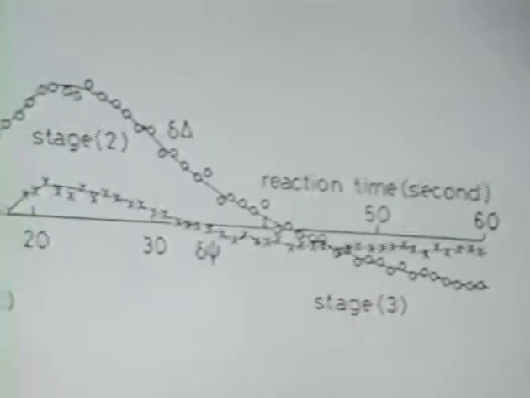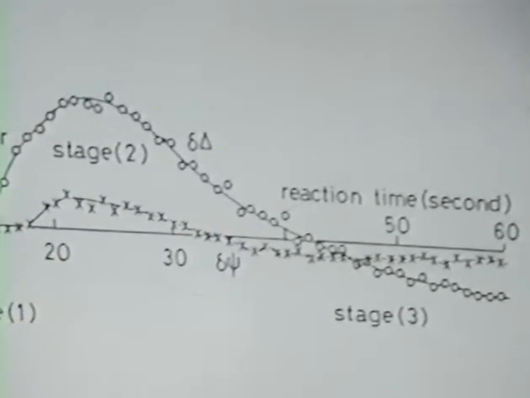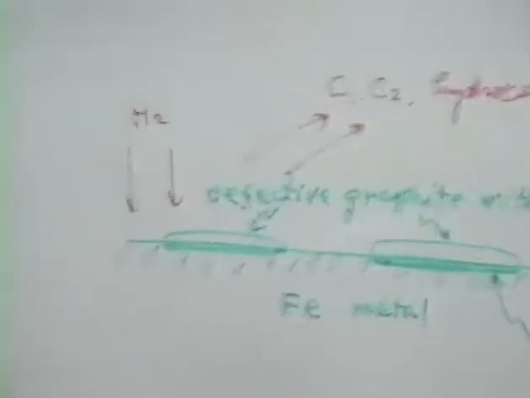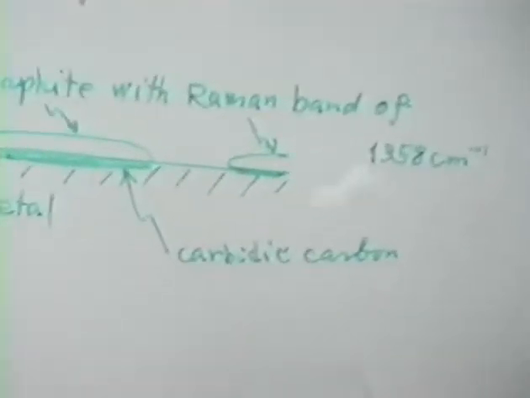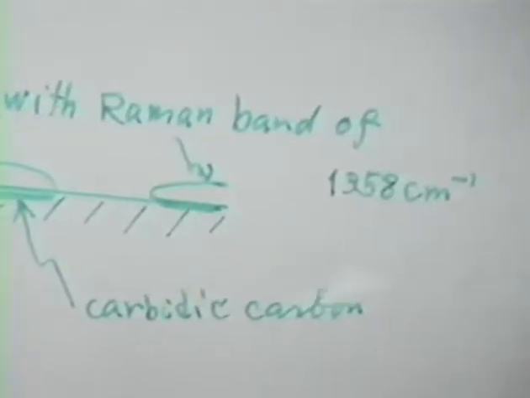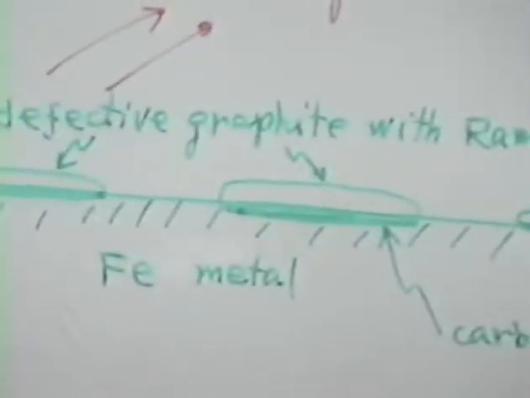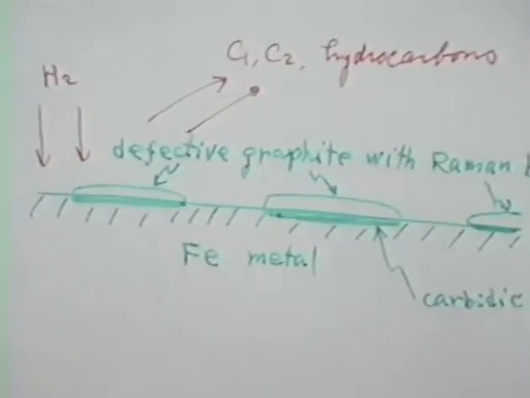We have a defective graphite, and just at the contact of the iron metal, we may have the carbide carbon. In this state, we can observe the Raman band of the defective graphite at 1358 Kelvin.